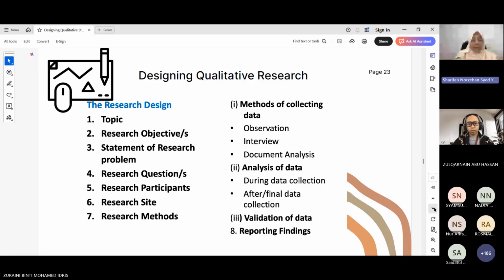Then the statement of research problem, research questions, and you need to identify your research participants, the research site, and the kind of methods. When you talk about methods, it's methods of collecting your data, how you are going to analyze them, and validation of your data. And finally, last is about reporting your findings.